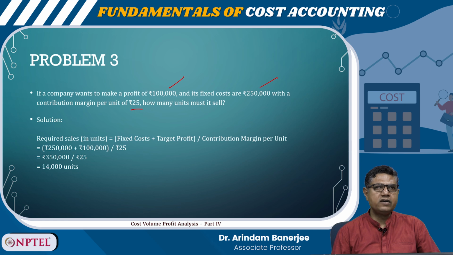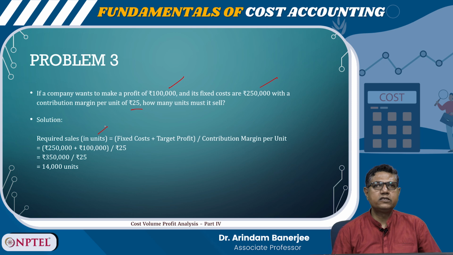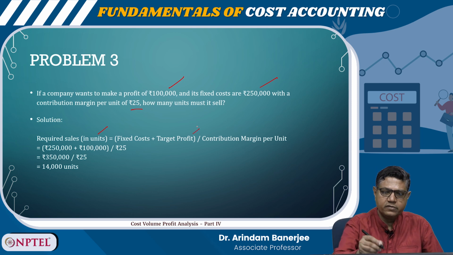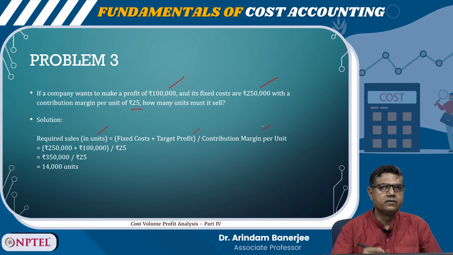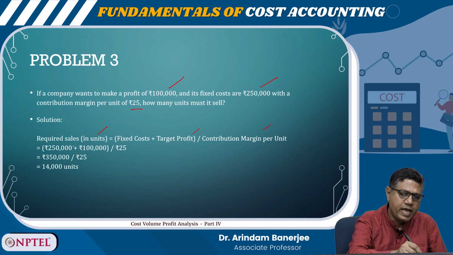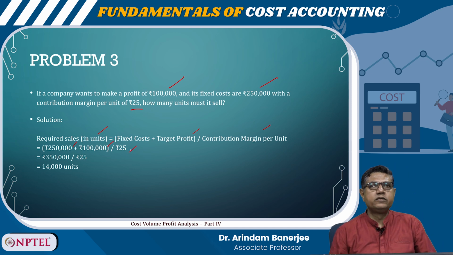So, what is the formula? Required sales in units is equal to fixed costs plus target profit divided by contribution margin per unit. So, fixed cost is rupees 2,50,000 plus 1 lakh as my target profit, divided by rupees 25 as contribution margin per unit.